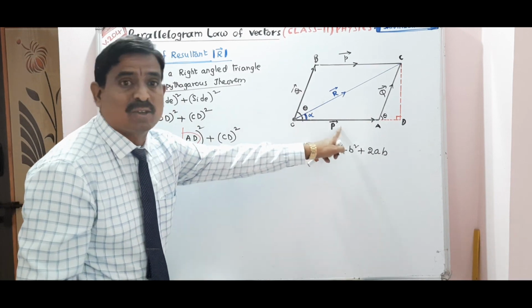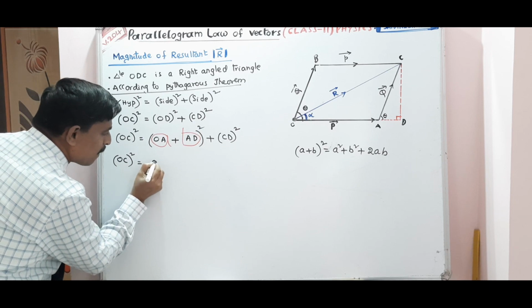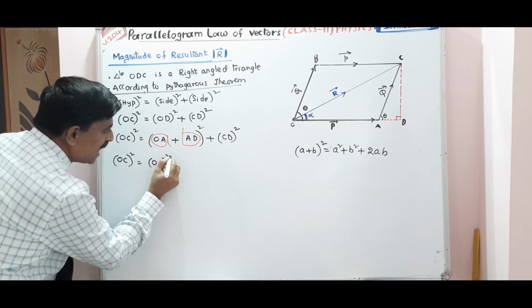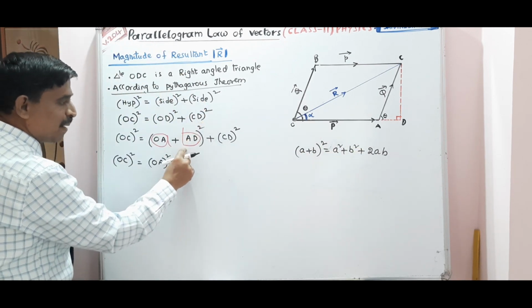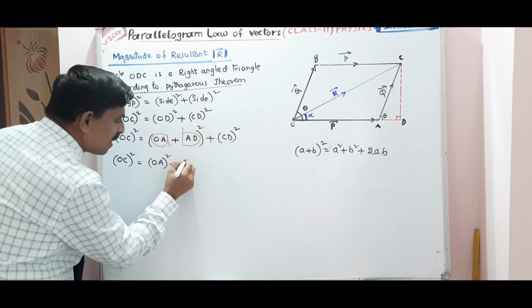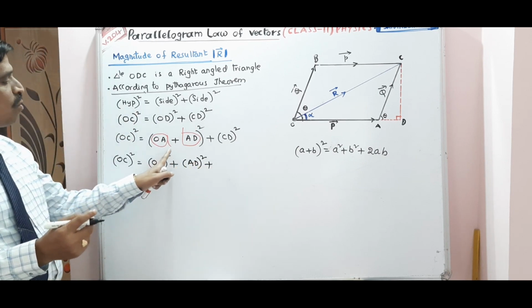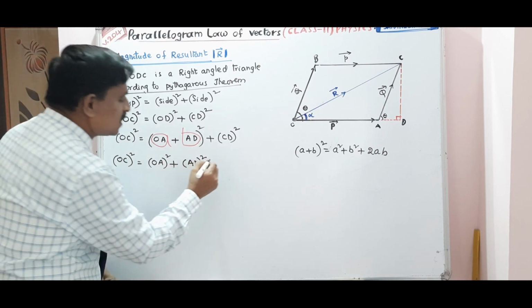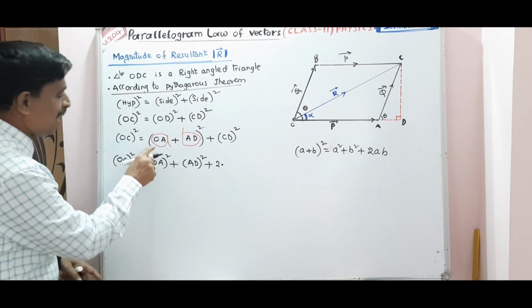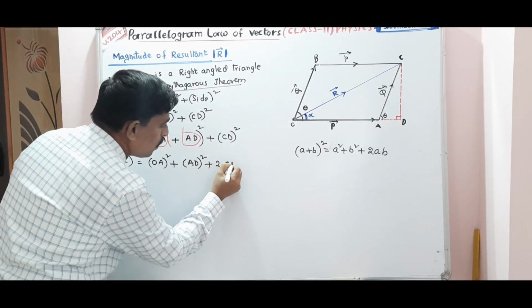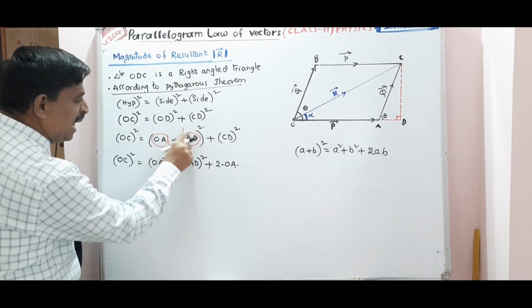First A square, OA square, plus B square means AD square, plus 2 into A means OA, B means AD.